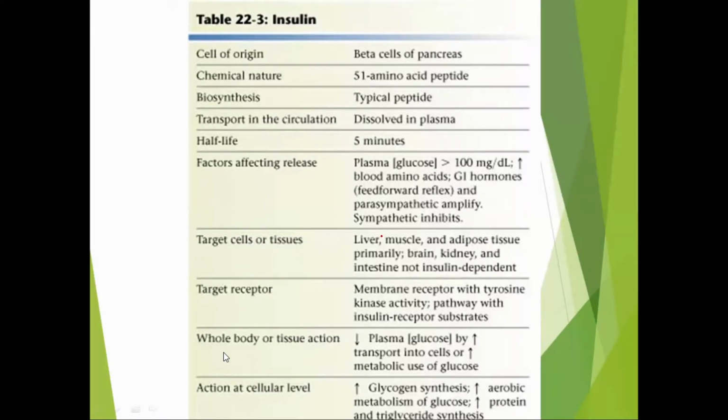Parasympathetic effect will amplify, sympathetic will inhibit, and then target cells: liver, muscle, adipose tissue, and this target receptor, membrane receptor with tyrosine kinase activity. Then whole body or tissue action: decrease plasma glucose by increasing transport into cells and increasing metabolic use of glucose, and action at cellular level is increased glycogen synthesis and aerobic metabolism of glucose and increased protein and triglyceride synthesis.